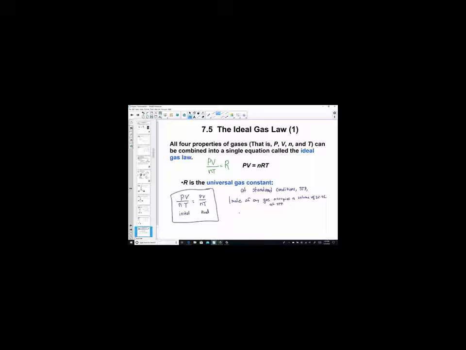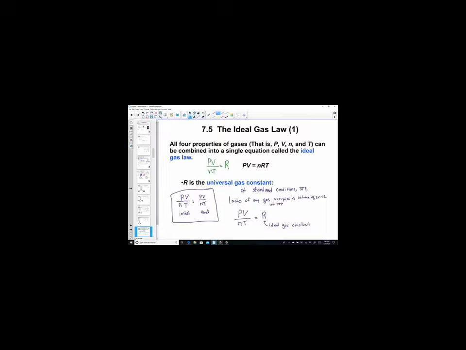So why don't we do this? I want to just rearrange this, PV over NT, and I want to solve for R, which is going to be called the ideal gas constant. And what I'll do to solve for R is place in all of those variables that Avogadro told us.